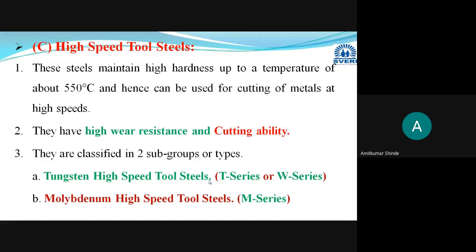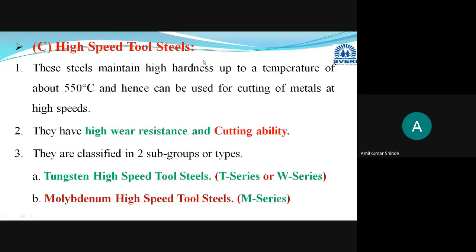Due to that only these steels are termed as high speed tool steel, because due to their high hardness at the higher temperature ranges, we are able to use these steels for cutting the metals at very high speeds due to their cutting ability, and they will provide you high wear resistance at the higher temperature ranges also. That's why we are using these tools for doing the various cutting operations for different metals and different alloys.